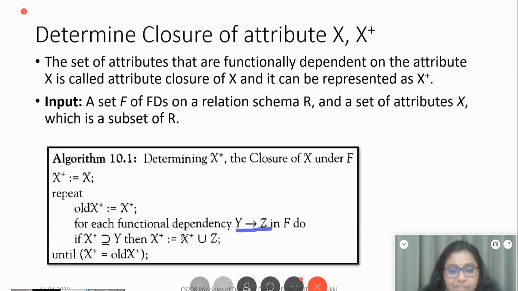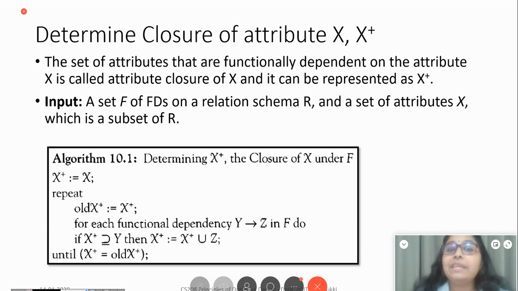So you check every functional dependency in your FD set, and for each one, if the left-hand side happens to be a subset of X plus, meaning the attributes already available in my attribute closure set, then you add the right-hand side attribute to your attribute closure set. You repeat this process. So this is basically it. We'll see it with an example.